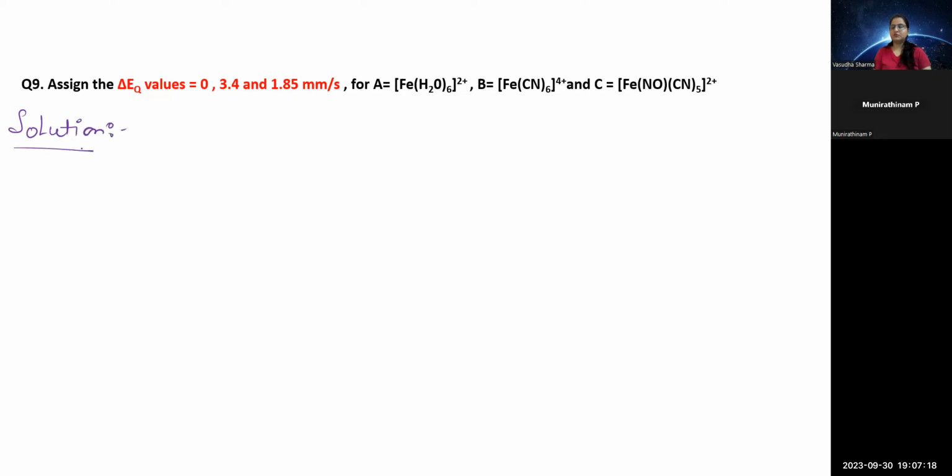So just to give you a brief before we start solving this question. Delta EQ is defined as quadrupole splitting.